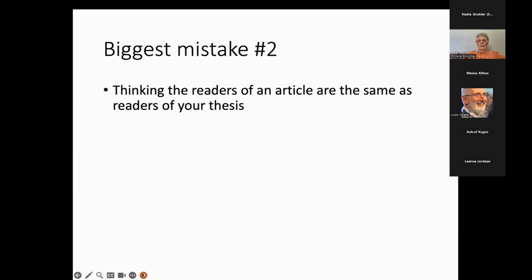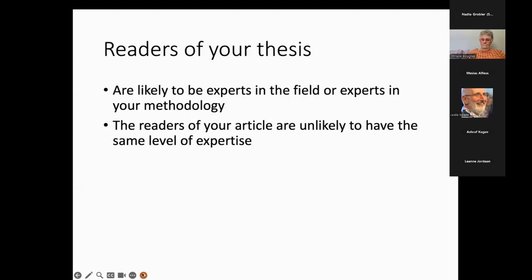Okay. The biggest mistake number 2, so the first one, biggest mistake number 1, was thinking of an article as a summary of your thesis. The second mistake is thinking that the readers of an article are the same as the readers of your thesis, because they're not.